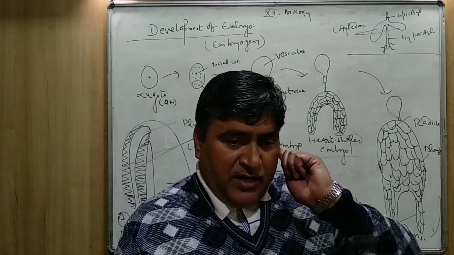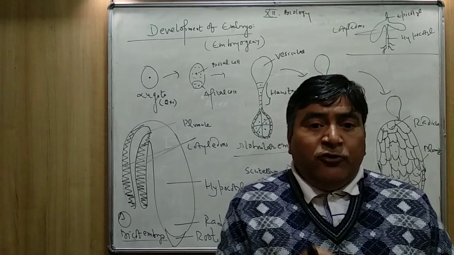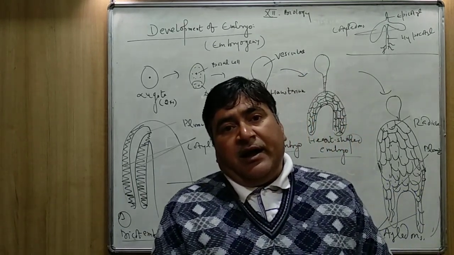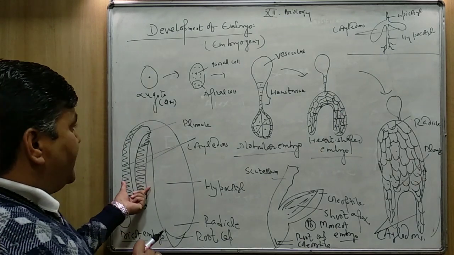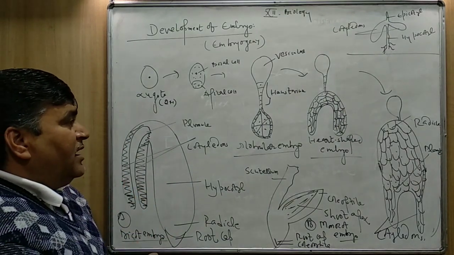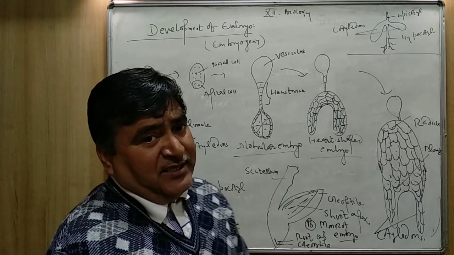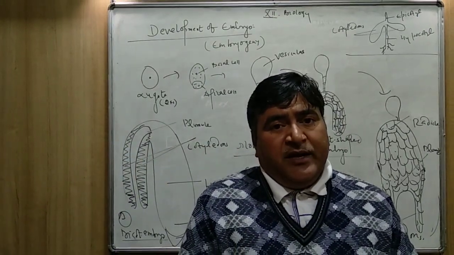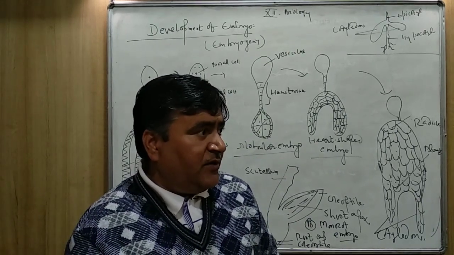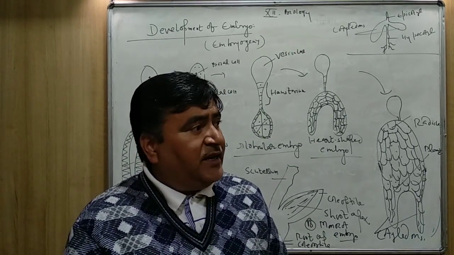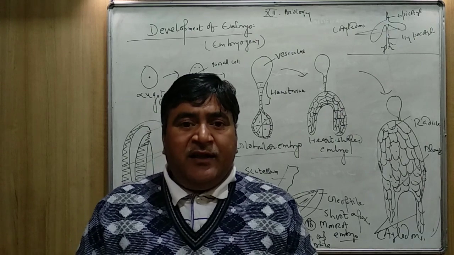Each embryo has two parts mainly, and these two parts are the cotyledons and the embryonal axis. The embryonal axis further forms two parts, that is radicle and plumule.